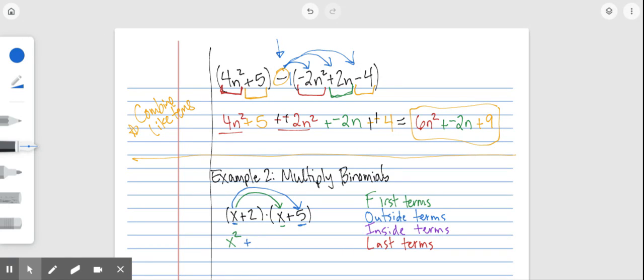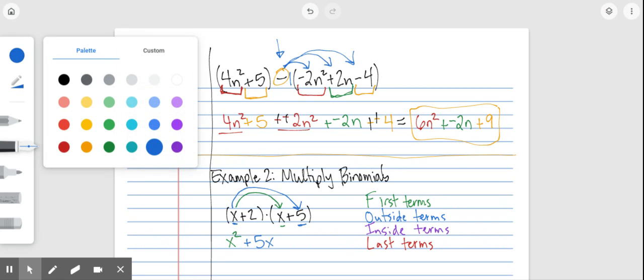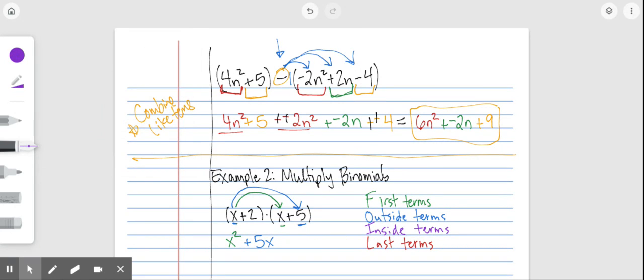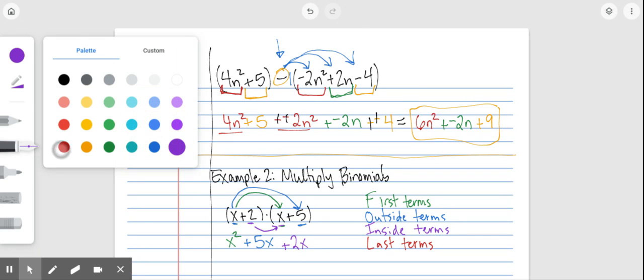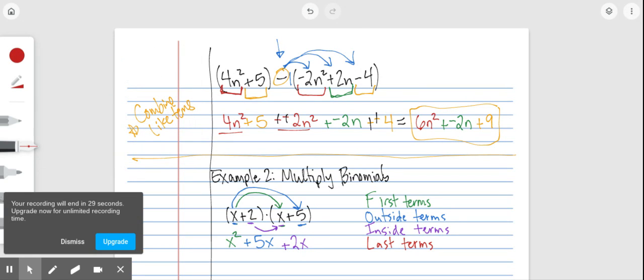Which is positive 5x. Next is my inside terms, the ones that are closest together, closest to that multiplication. That's my positive 2 and my x, so I multiply those, and that becomes positive 2x. And last but not least, my last terms, the last terms in each binomial, the 2 and the 5.